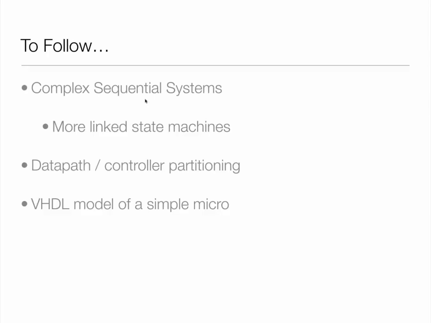Okay, so where I'm taking this, not too much further now, because I've only got every alternate week and Phil's got his slots as well. But I do want to go a little bit more into this linked state machine idea, this data path and control partitioning. And we can look at the very essence of a simple microcontroller.